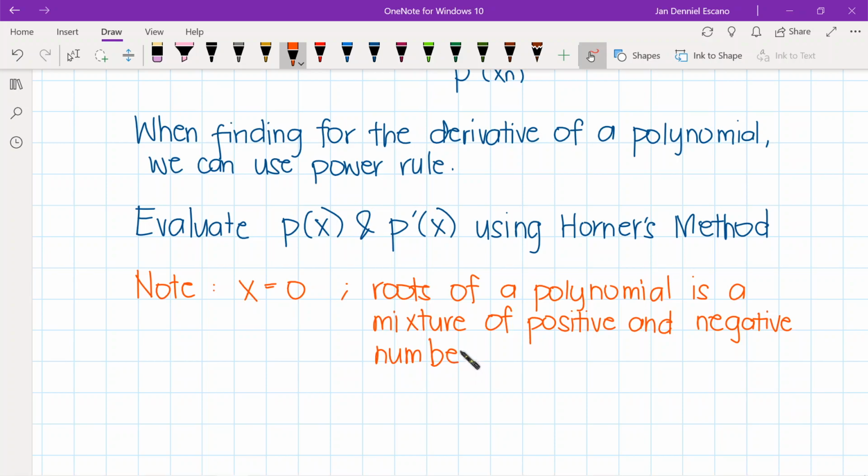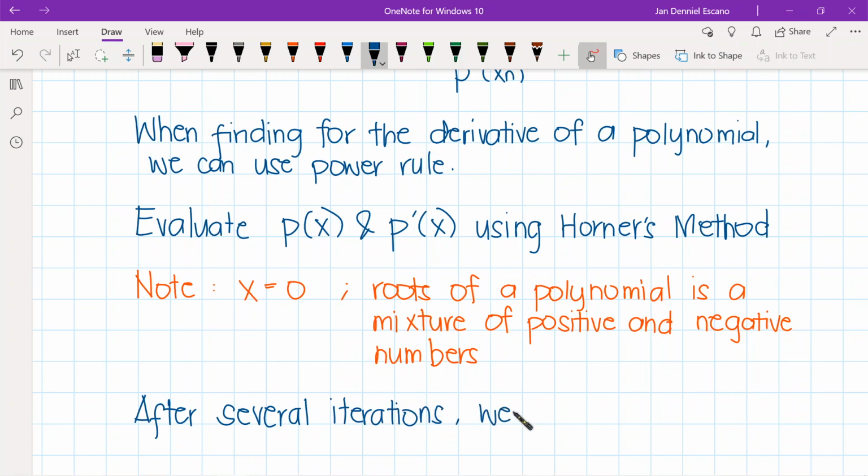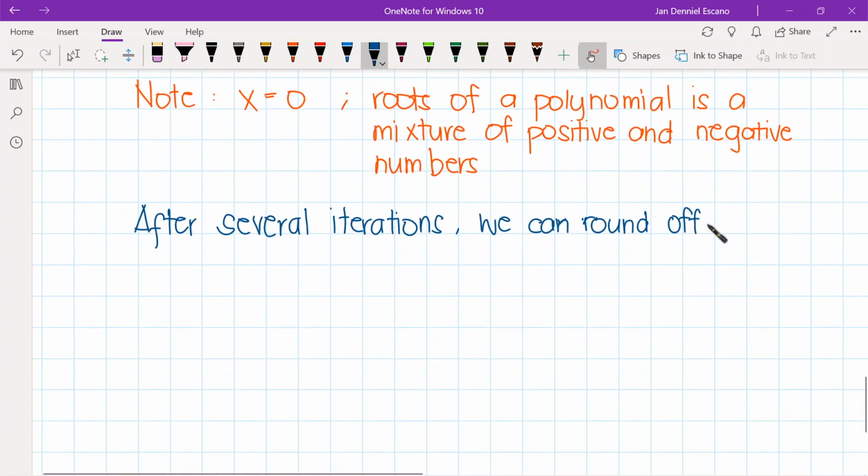So in this method, if we don't know how to start with our iteration, we can set the starting point as x is equal to 0. After several iterations, we can round off the answer if we notice that it is approaching our root.